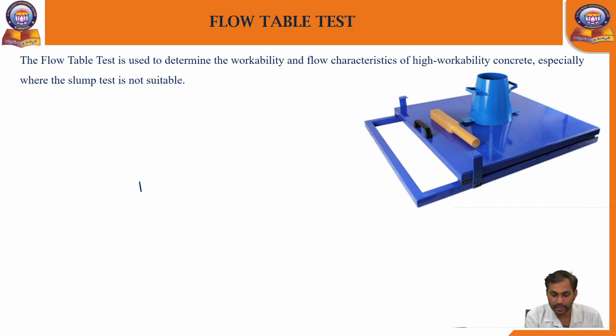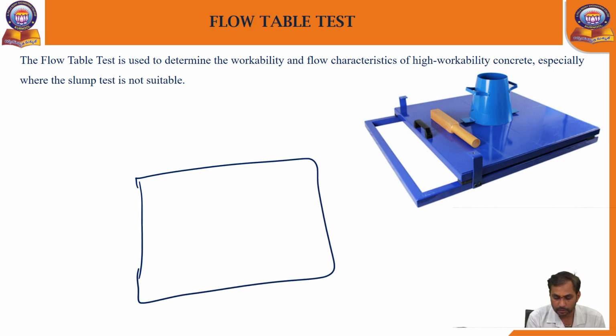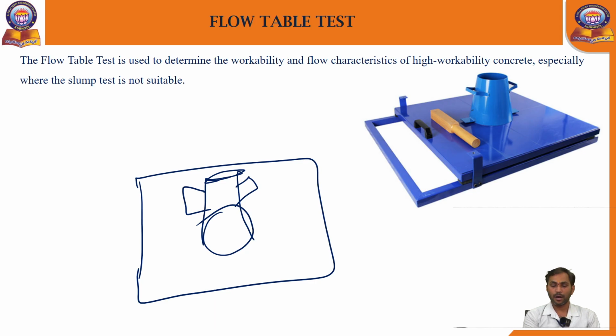In this flow table, a diameter will be provided. In this diameter, the slump cone is going to be arranged. Same as how the concrete is filled in the slump cone, in 3 layers, for each layer 25 blows we have to give.